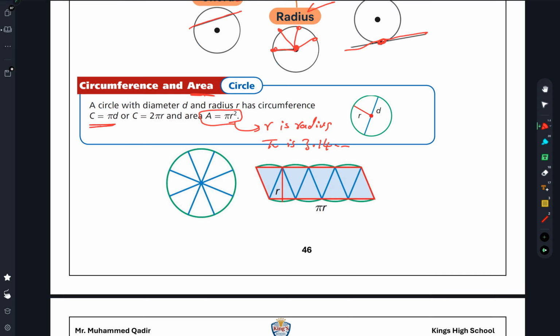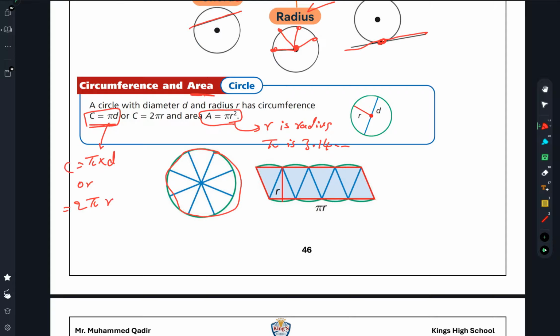How about C? C is the circumference, the distance or perimeter around the circle. It is pi times diameter, or we can say 2 pi r.